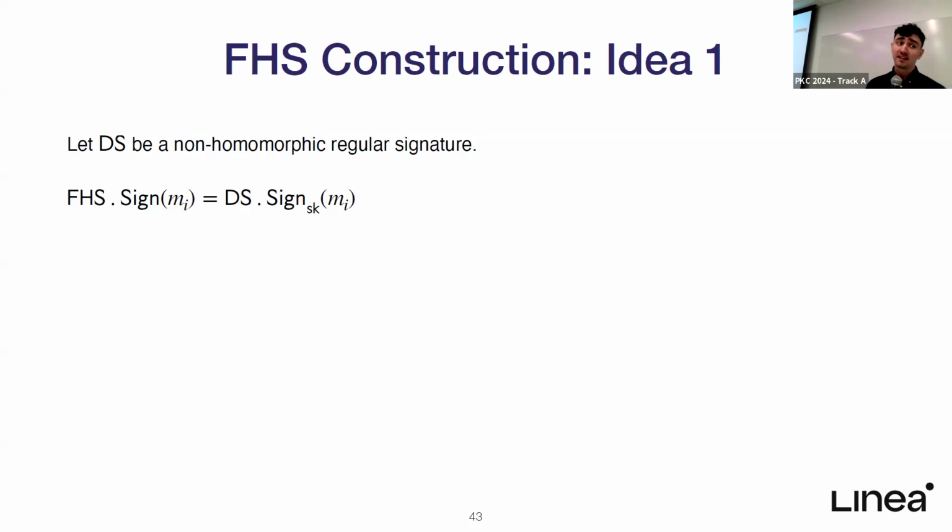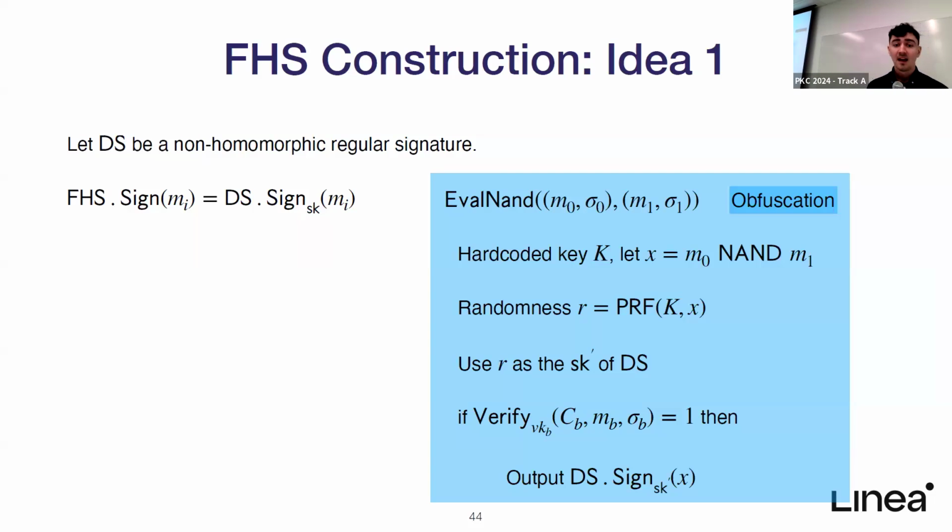So now we can look at an initial idea. Let's say we take some digital signature scheme. DS is a normal vanilla signature scheme. And we say, look, we'll try to build a fully homomorphic scheme by signing a message using this. Let's try to construct an evaluation circuit for the NAND gate, which can imply all functionalities.